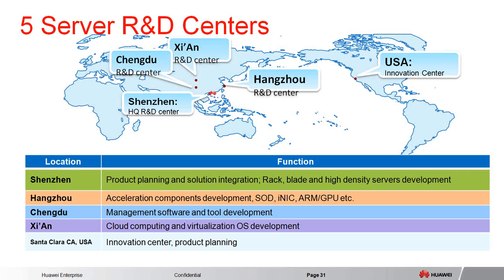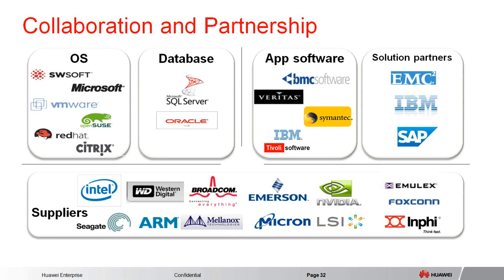We also have 5 server R&D centers, which gives you even more assurance that we are very focused in this business and this product line. As the chart indicates, different locations focus on different implementations. And of course, you cannot do any business without collaboration.